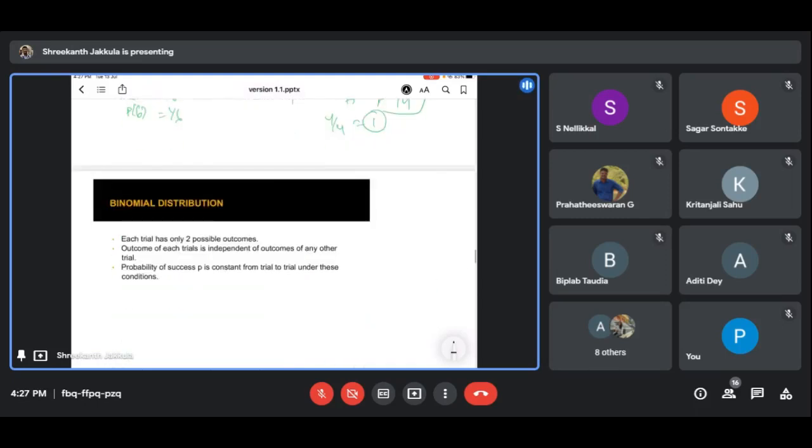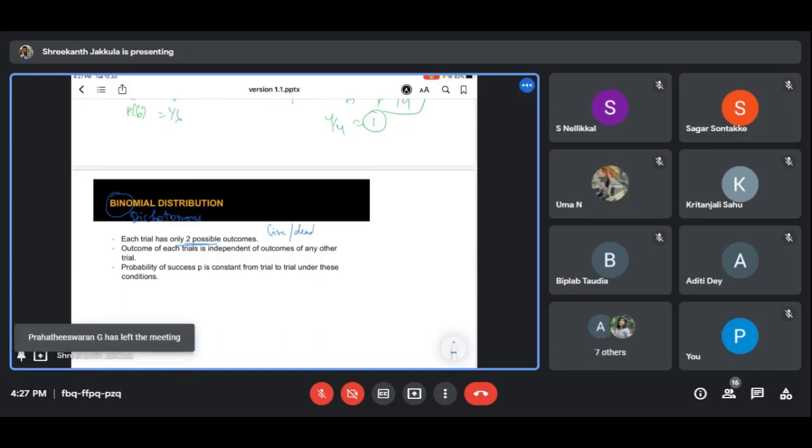The term binomial distribution: the outcomes are dichotomous, only two possible outcomes, either live or dead, or ill or healthy. In that case we use the binomial distribution.